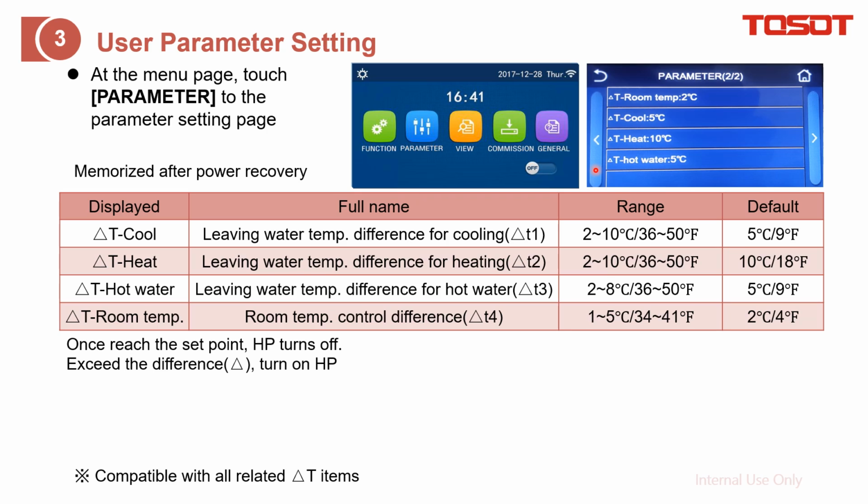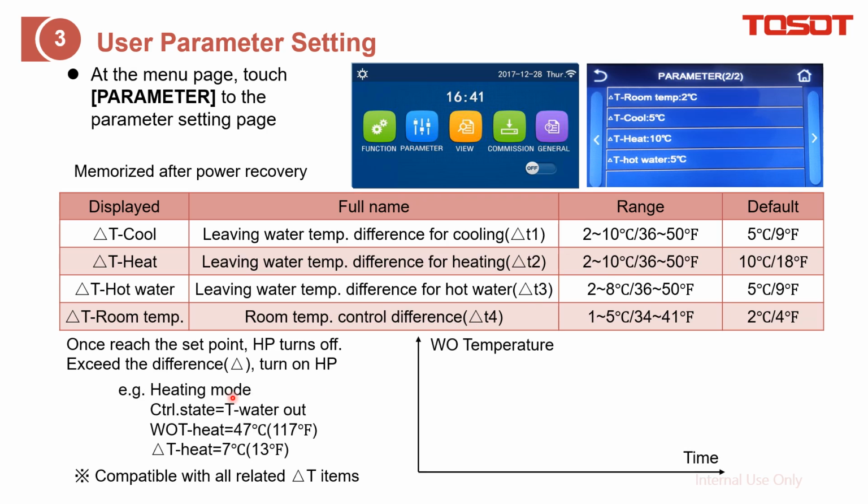So let's say it's in heating mode, the control target is water out temperature, your set point is 47 degrees and this delta T heat is 7 degrees. From this diagram, we have this set point, and once the heat pump turns on, it will heat up the water temperature until it reaches 47.